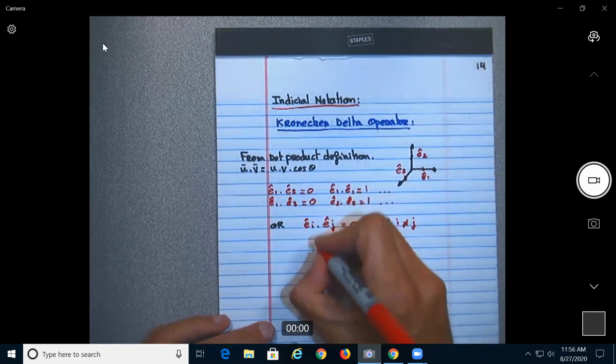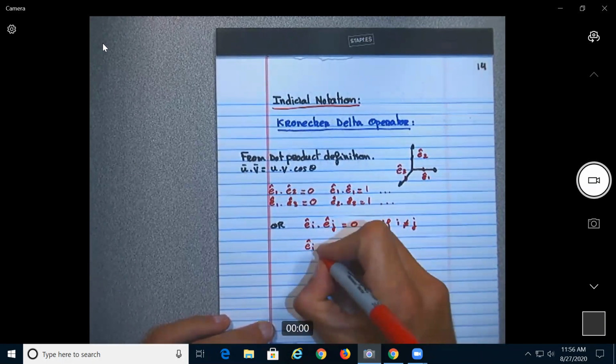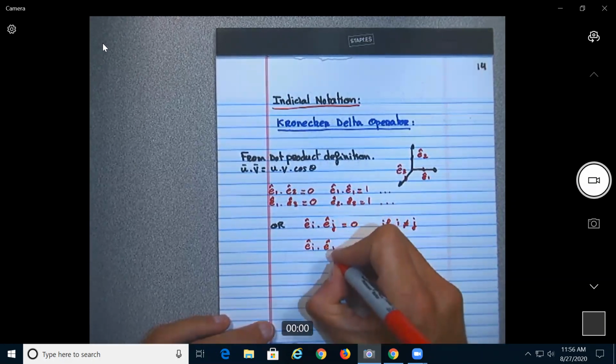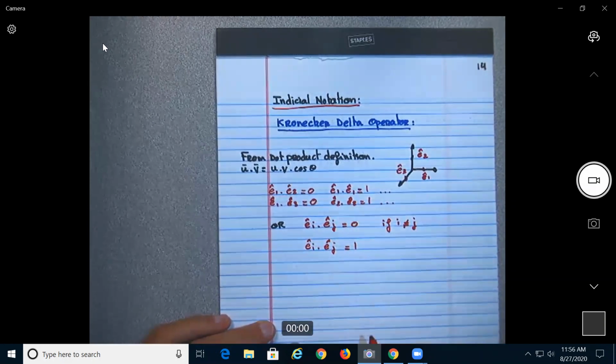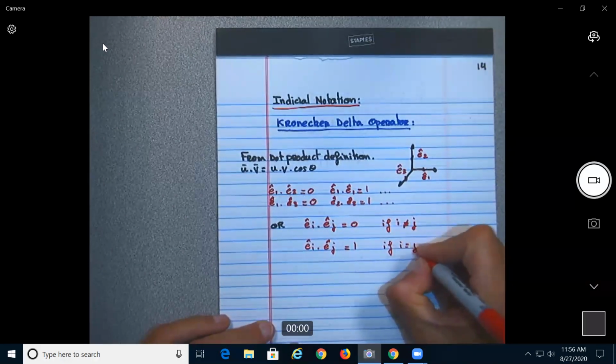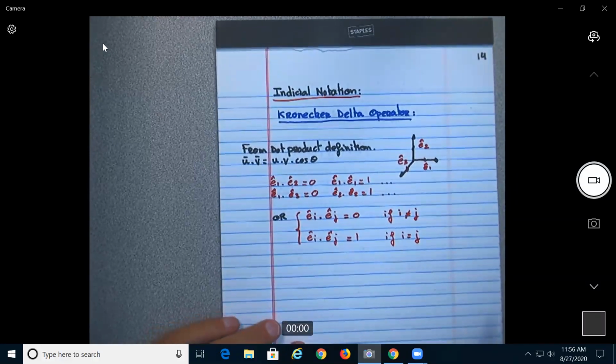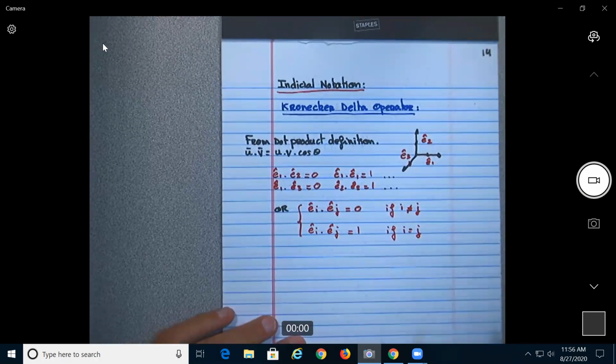Or you could rewrite that E_i dot product E_j will be equal to 1 if i equal to j. All right?